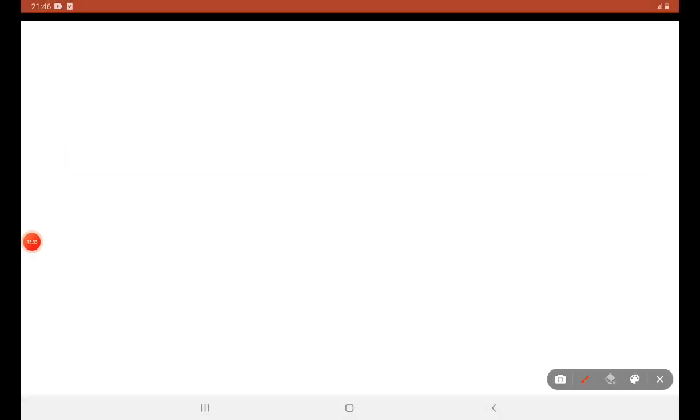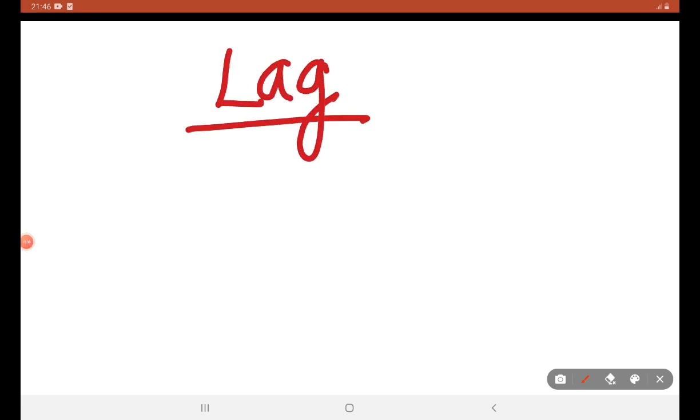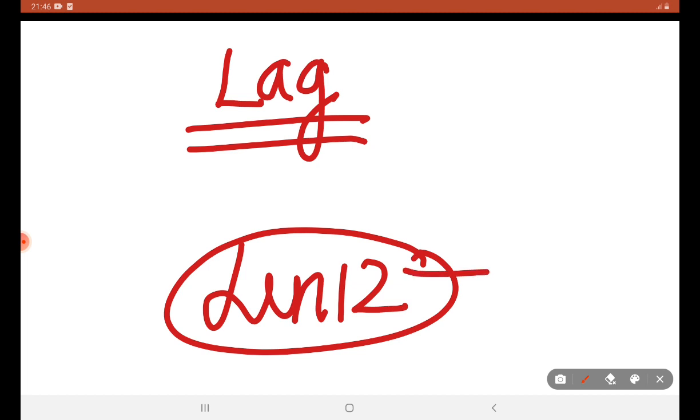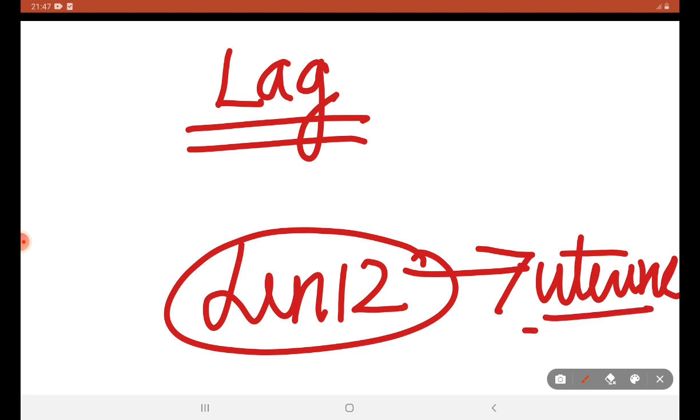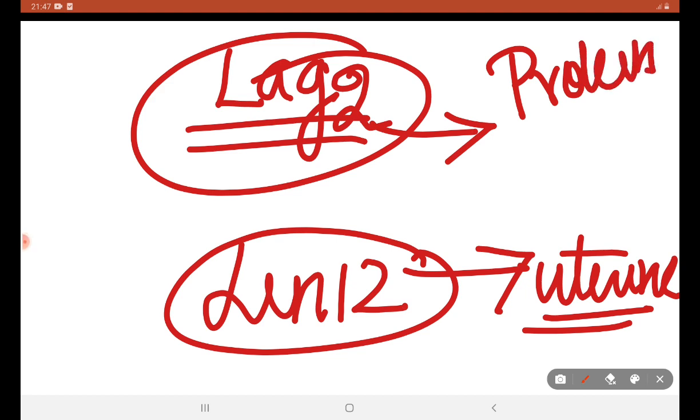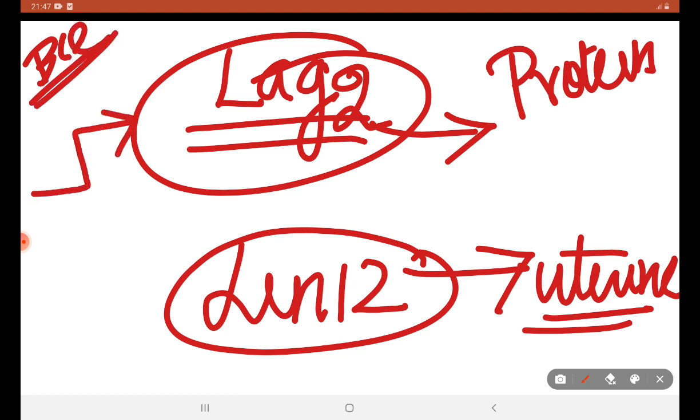Other option: the anchor cell produces LAG-2 and LIN-12 and forms uterine cells. LIN-12 will give rise to LAG-2. These are produced by a chance event, as two different categories by the Delta-Notch pathway.